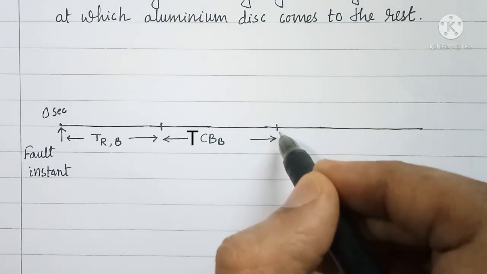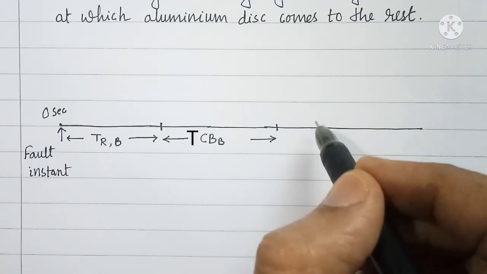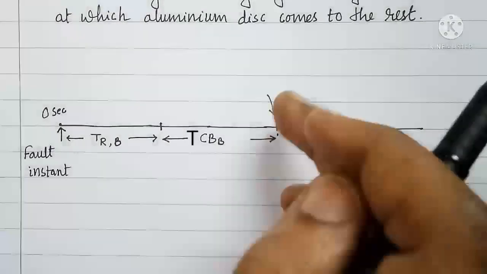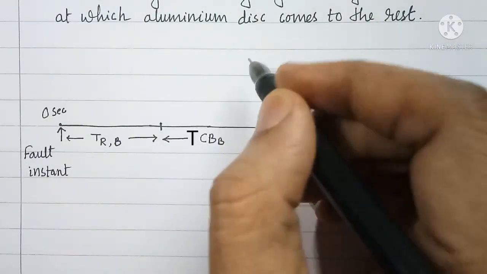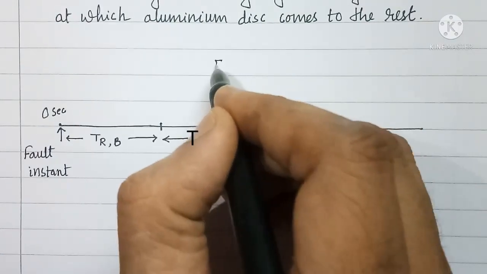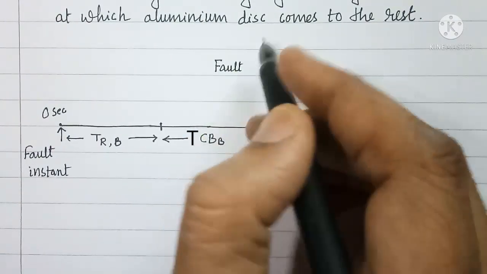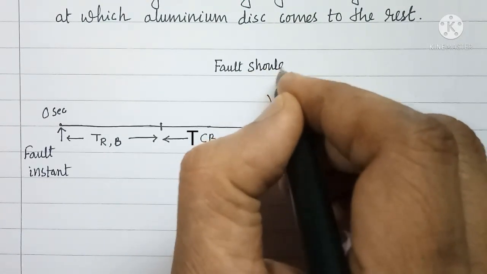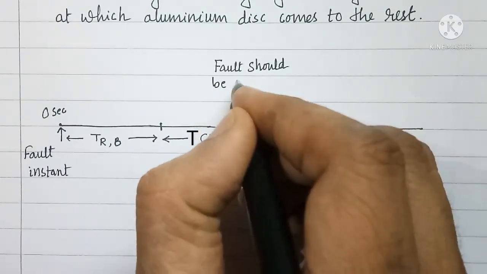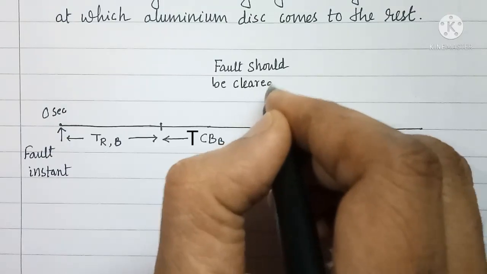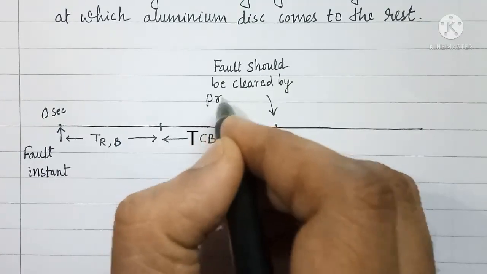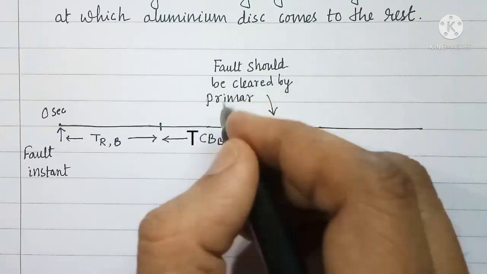At the end of the operation of the circuit breaker, fault should be cleared. So what should happen here? At this instant, fault should be cleared by primary protection.